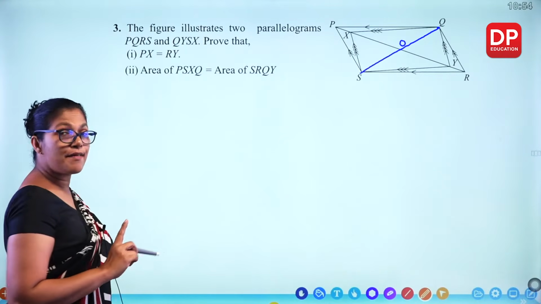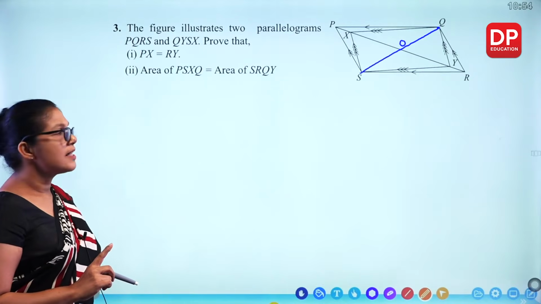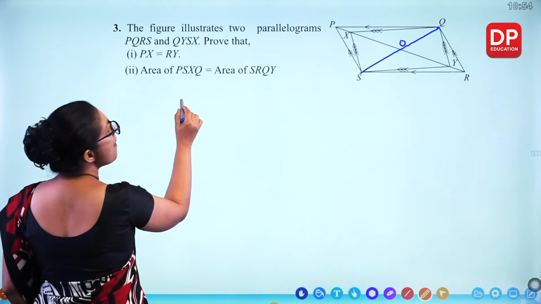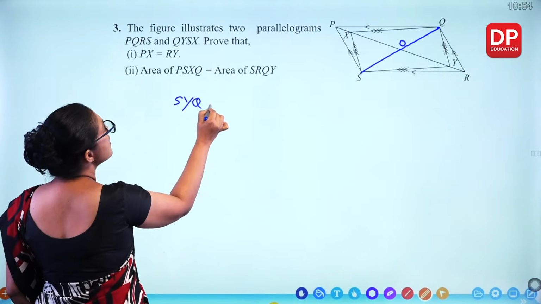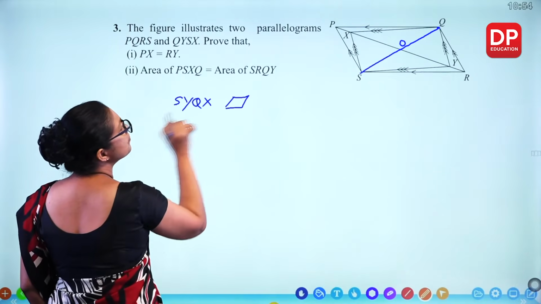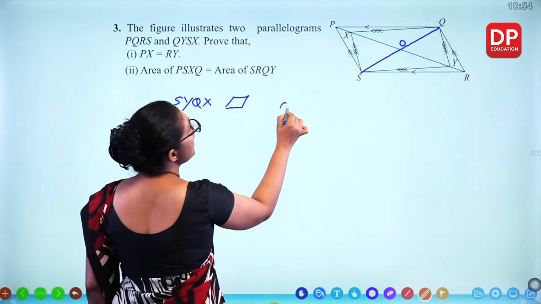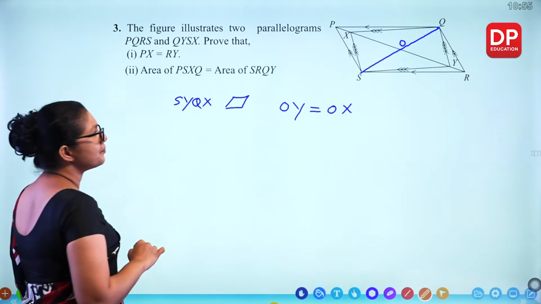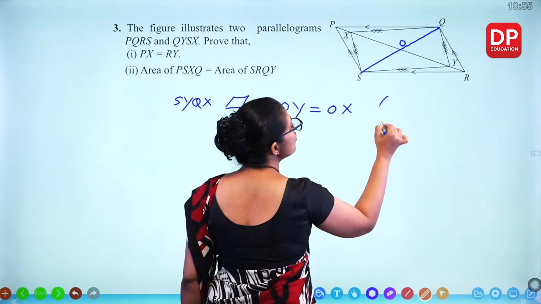According to the theorem, the diagonals bisect each other. So if you take SYQX parallelogram, we can say OY is equal to OX. Diagonals bisect each other.